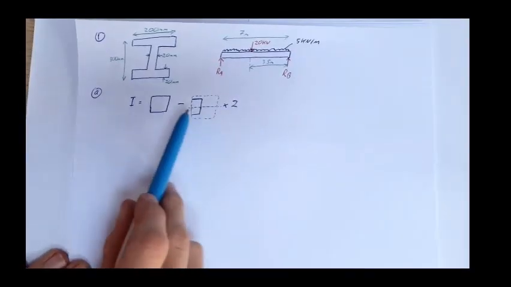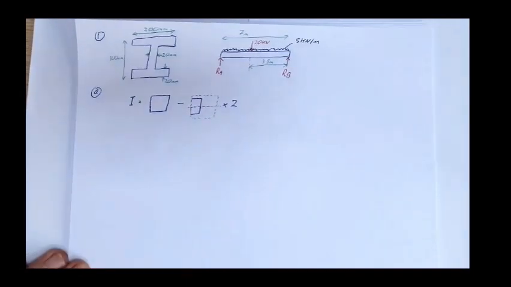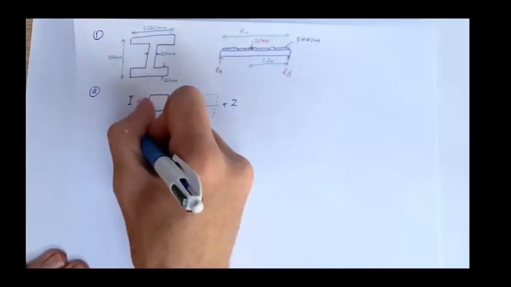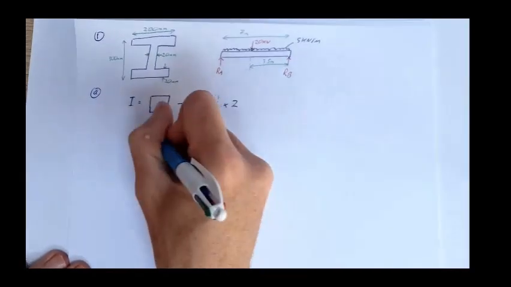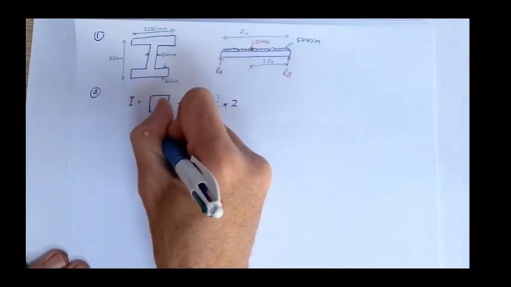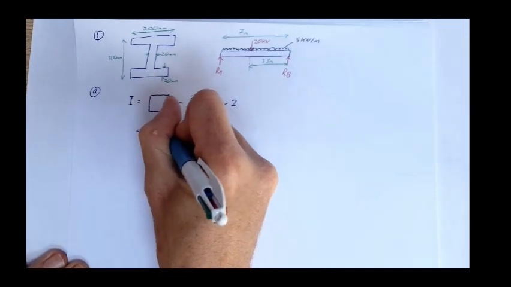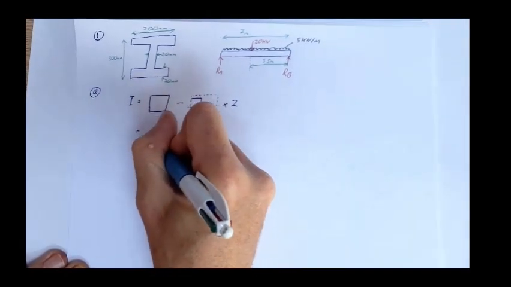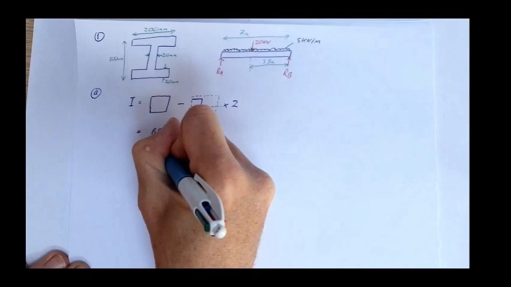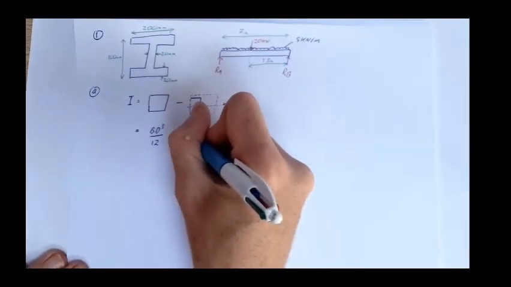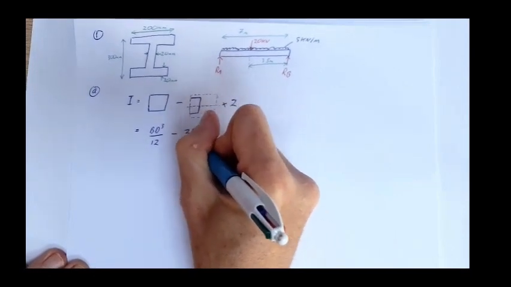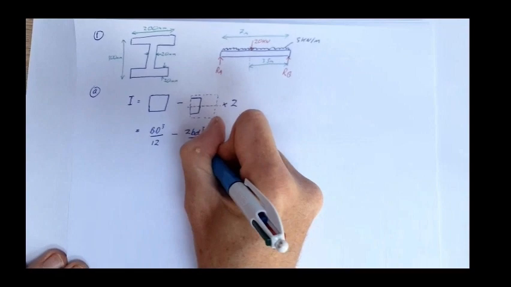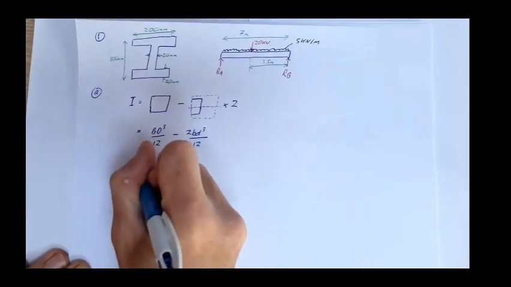What we're going to end up with is the I-beam in the middle. So we consider bd cubed over 12 for the outside shape, and we subtract 2 lots of bd cubed over 12 of the inside shape.